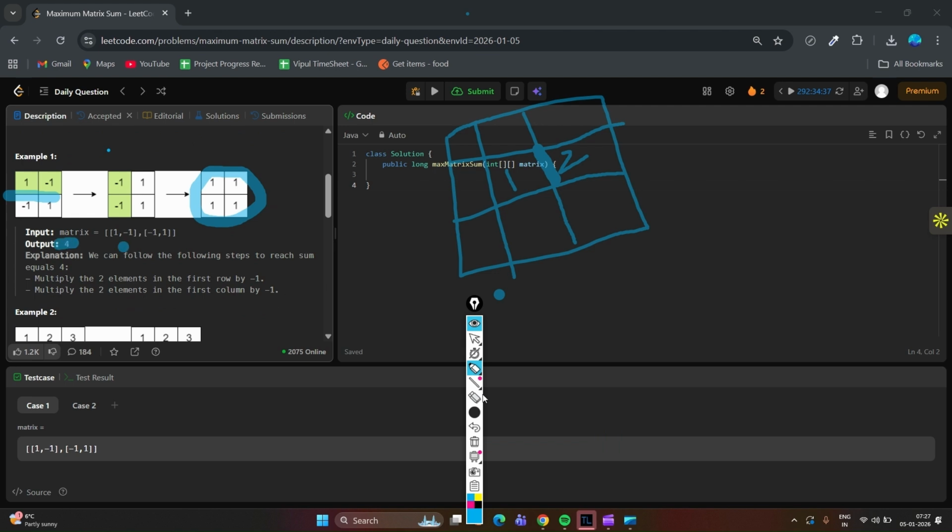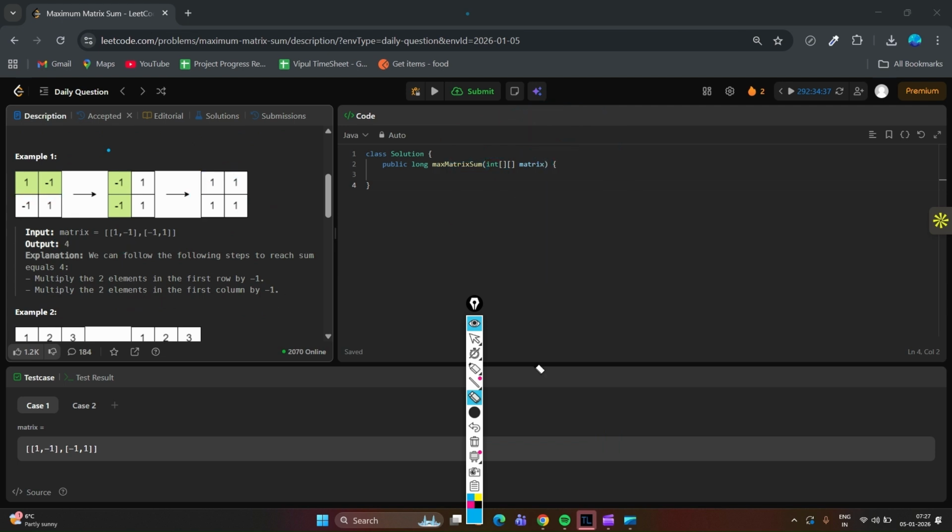Now see what happened. One minute, I am erasing this. I want to reduce its width.